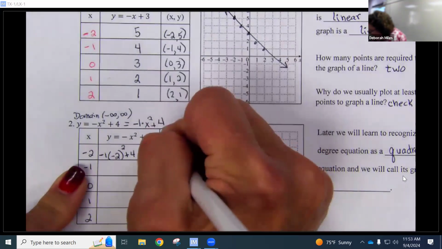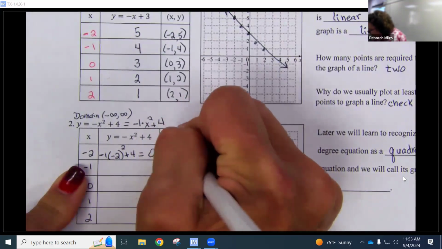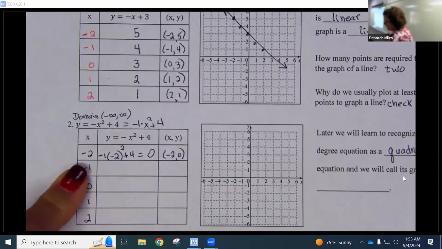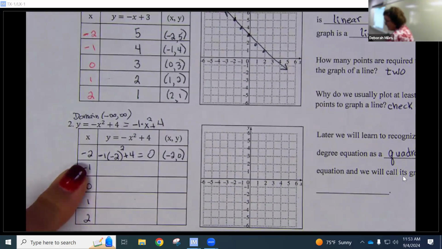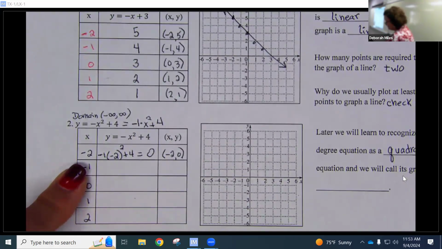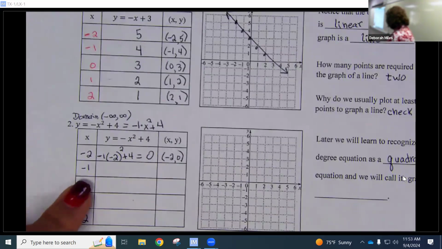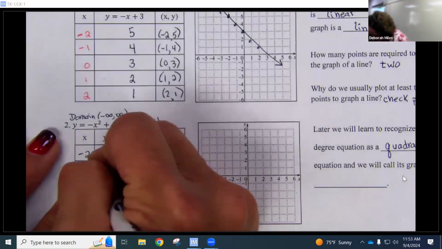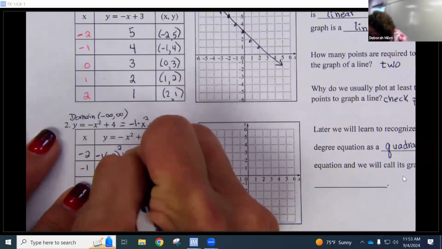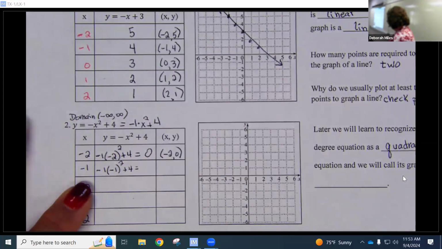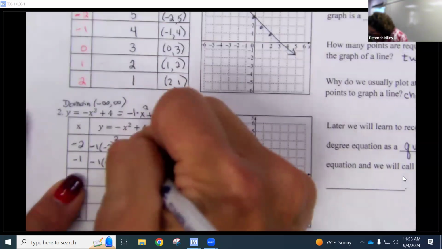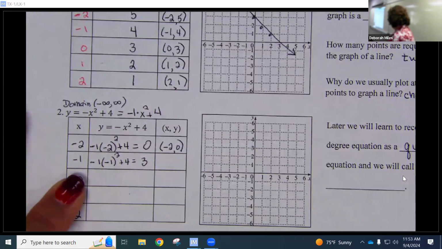So that means the ordered pair -2, 0 is a solution to that equation, and it's a point on the graph. I can't say it's a point on the line because I know this is not a line. And you let x be -1. Put -1 into that equation and you'll get y equals 3.